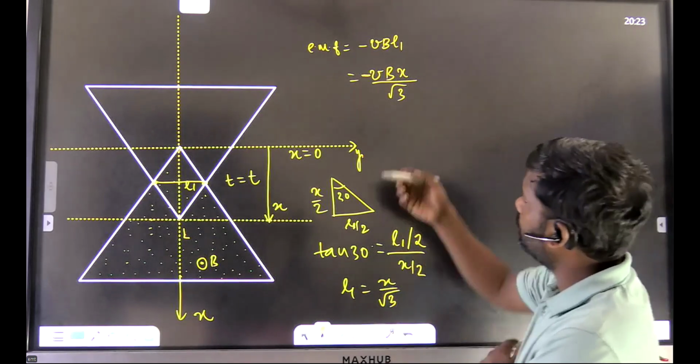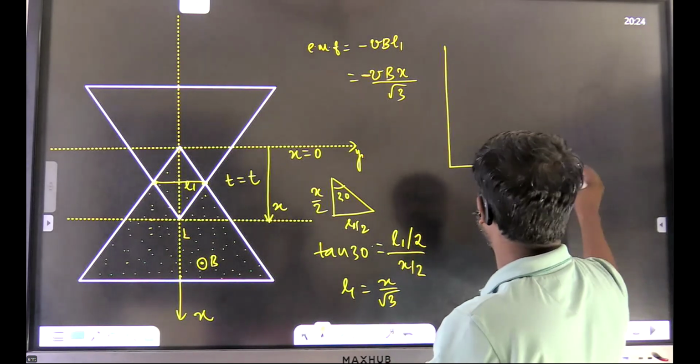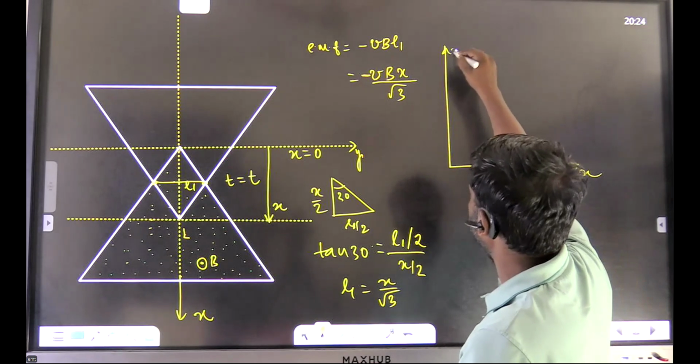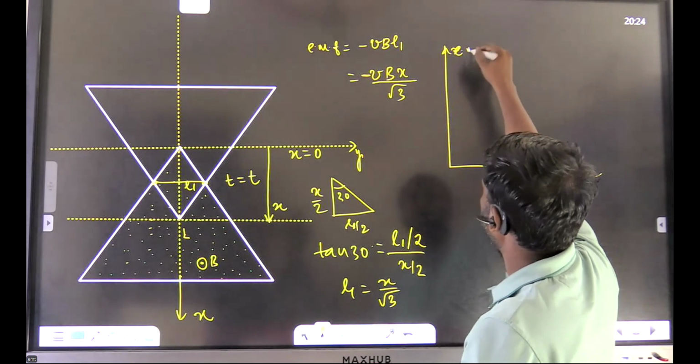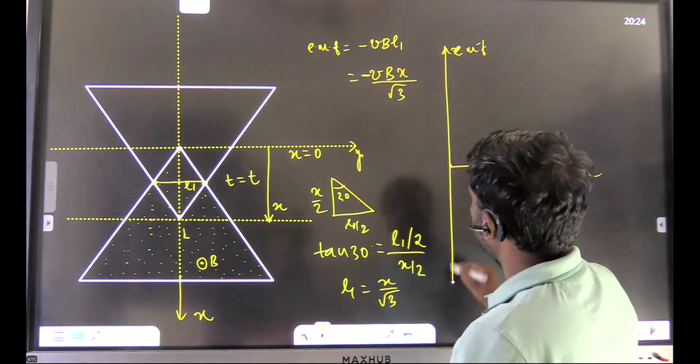So if you plot the EMF versus x, this is EMF. This is negative actually.